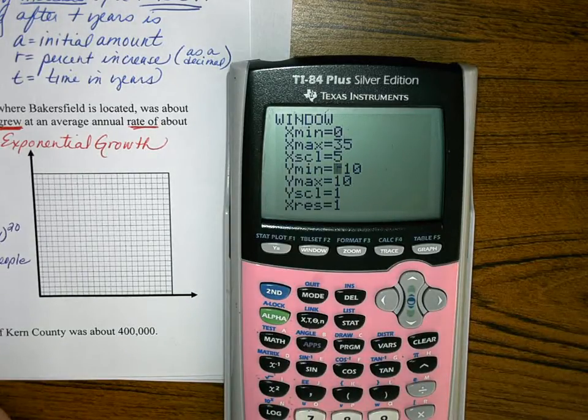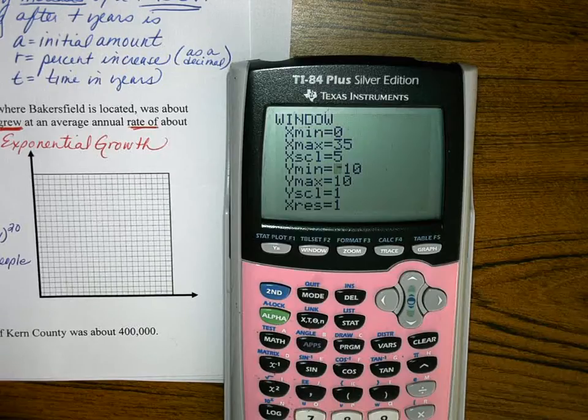We found the number of people when we put in 20 for x. Now, where do I want to start my y's? 0. Any thoughts on how big I want my y's to go? 400,000. Why 400,000? I'm not saying you're wrong, but why 400,000?